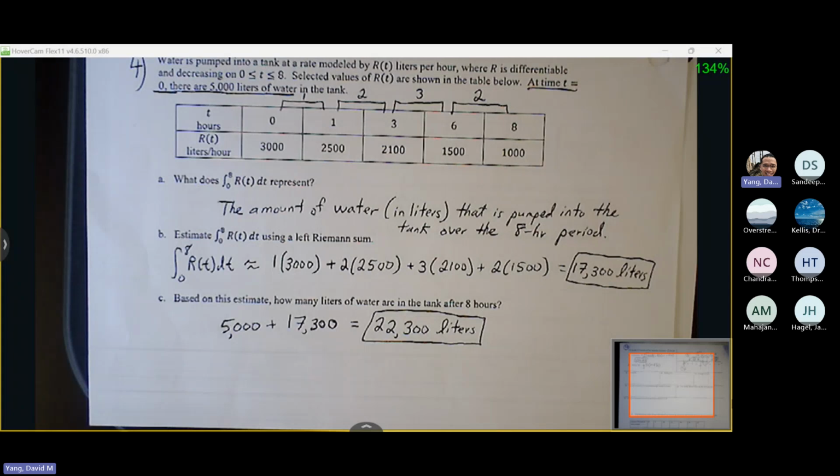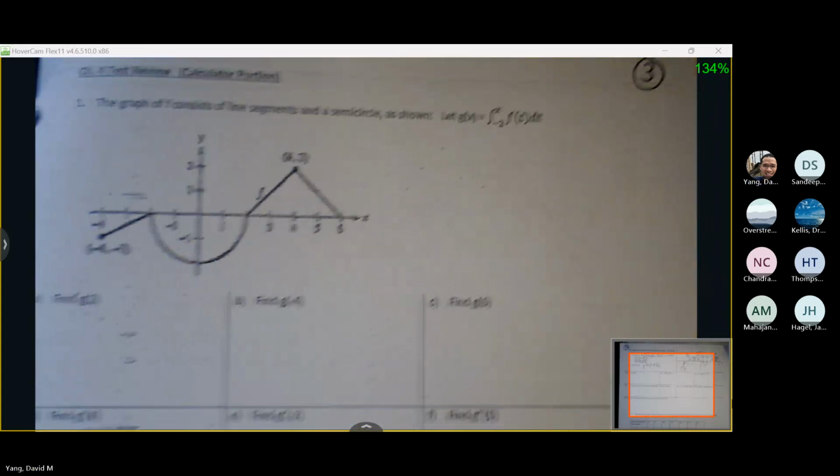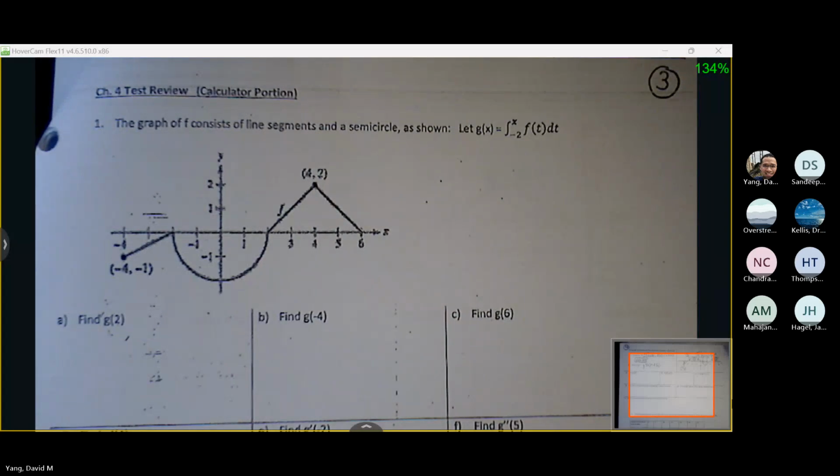Okay, let's do another derivative graph. Have you guys done either page 3 or page 4 off of the test review? Okay, all right, let's do page 4.